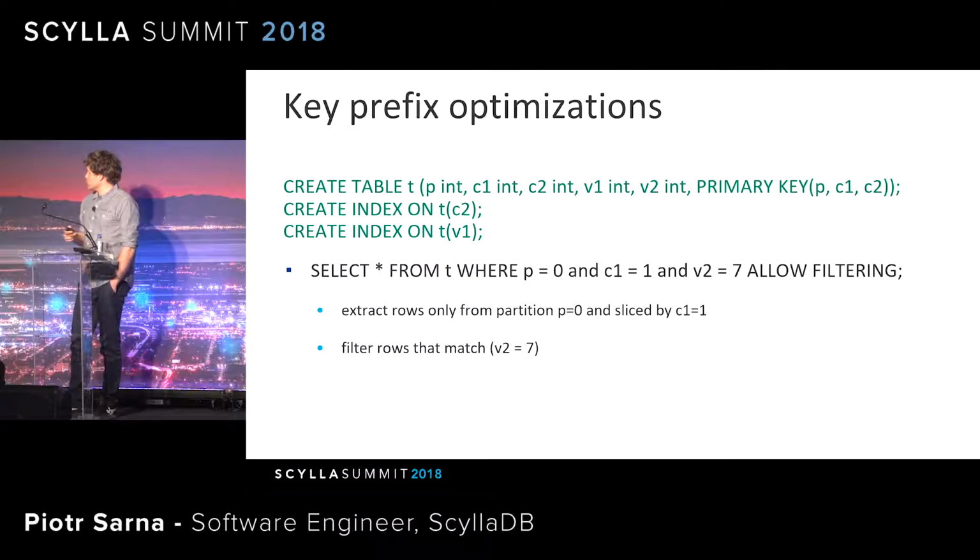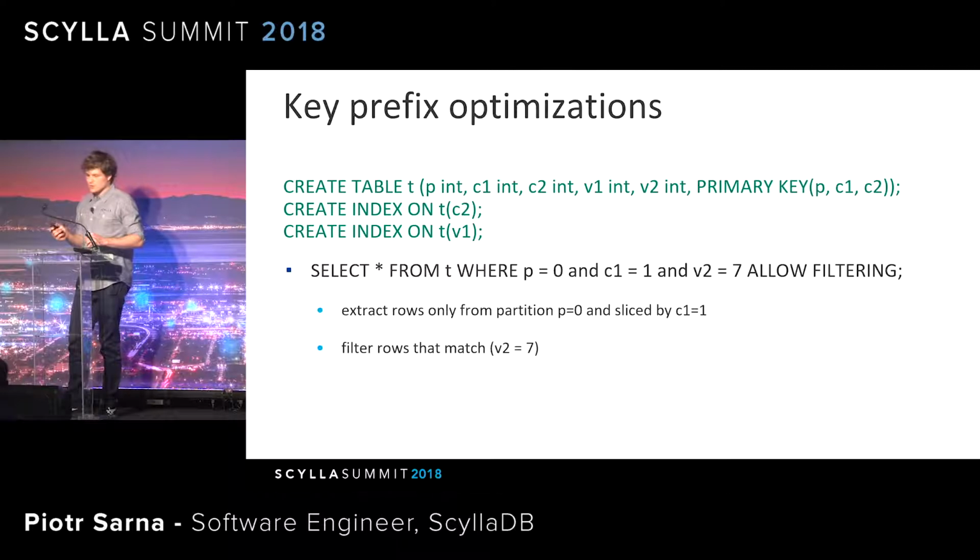And how filtering would work in this example is that first we would extract only rows that are from the partition with P0, and not only that, also sliced by C1, because it's a primary key prefix. So we can use that information to only fetch the part of the table that will match, and then we will just filter the rest of the restrictions that are still here.